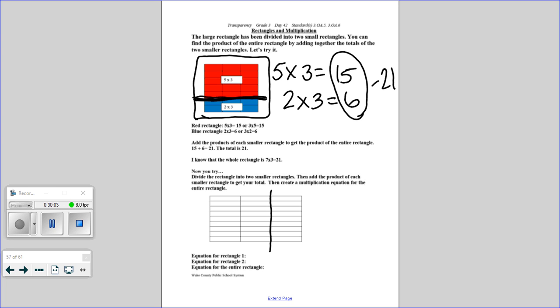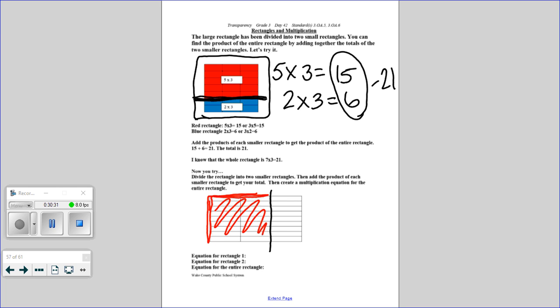What is the equation for rectangle 1, which is going to be this side? Count the boxes. We just did that on the first page. What is that equation? So I'm counting my rows and my columns. 18. What are my rows and columns? Aiden? 18.